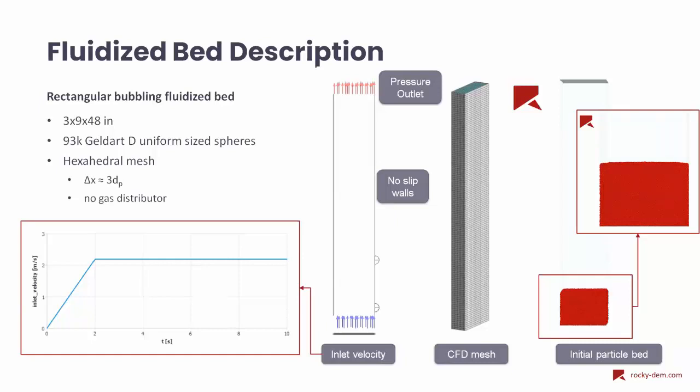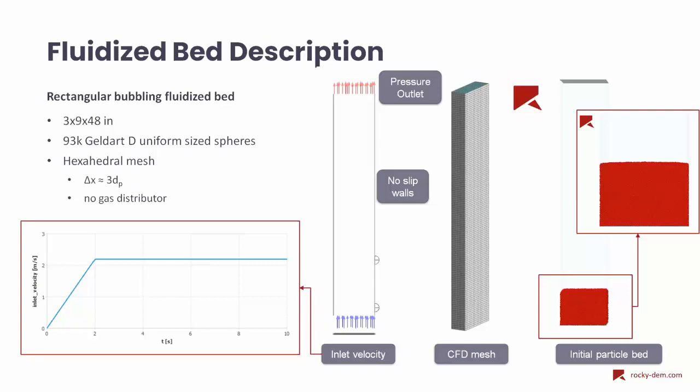Also, as you can see here in the middle, we'll use a hexahedral mesh, quite uniform, and the mesh size has a length equal to 3 particle diameters.